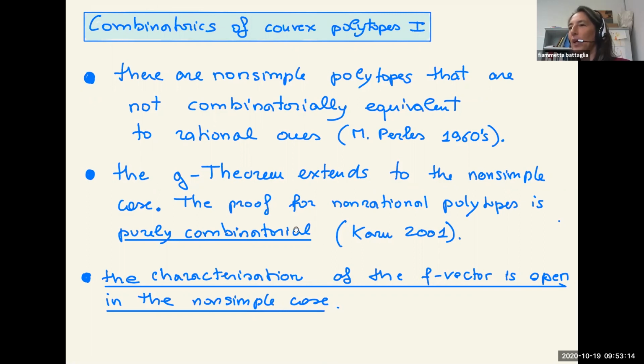And the other thing, unknown but not really an open problem: there is a proof for non-rational polytopes that is purely combinatorial, but we don't know of any proof based on the topology of the corresponding toric spaces. There is a proof though by Paul Bressler.